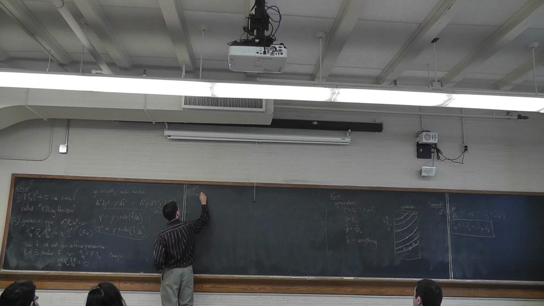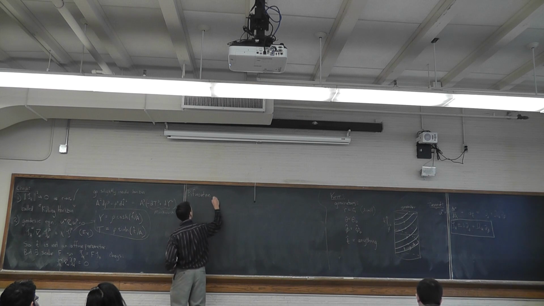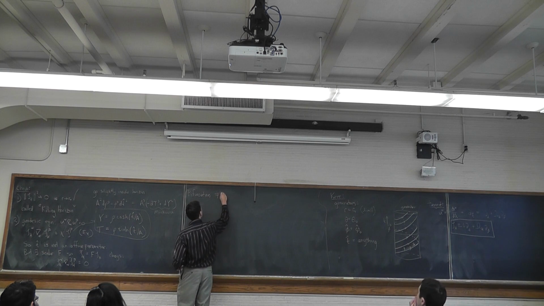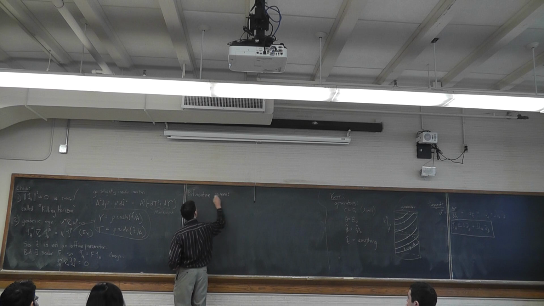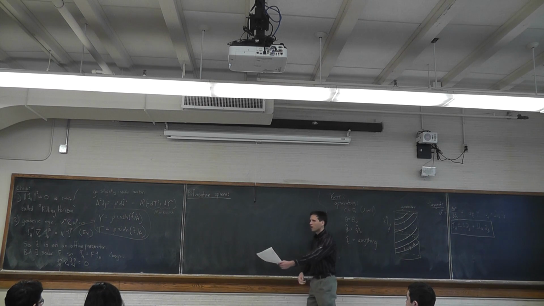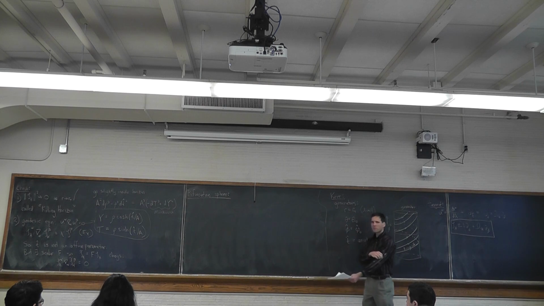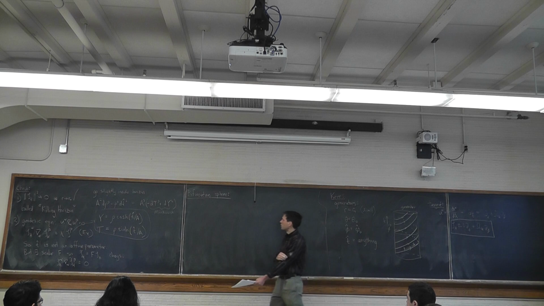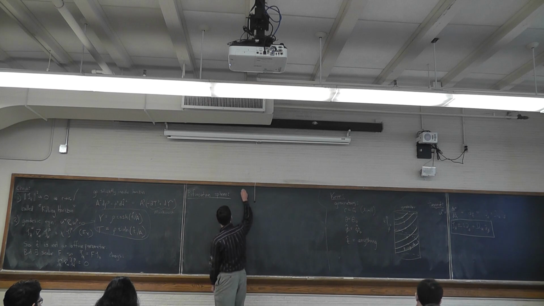More terminology. The bifurcation sphere. Okay, so anytime you have a killing horizon, you have a bifurcation sphere. Here we have a killing horizon. So the bifurcation sphere is easiest to define with a picture.